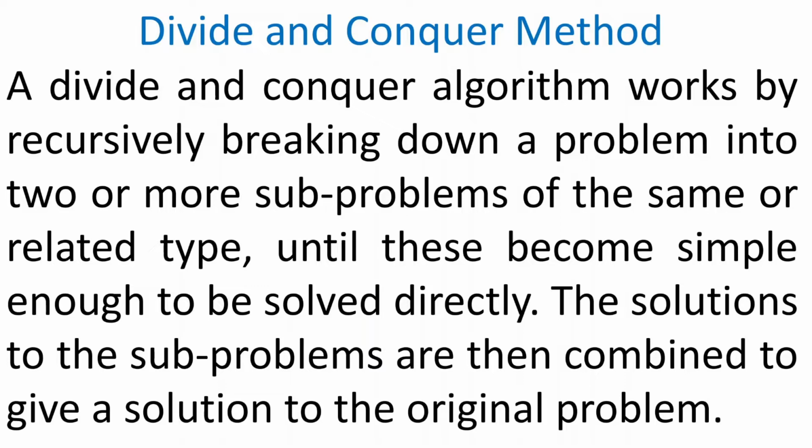That is, if the problem is large, the divide and conquer algorithm divides it until the subproblems are small. If the subproblems are small, then individually solve each subproblem and combine the results. That combined result is the result of the main problem.